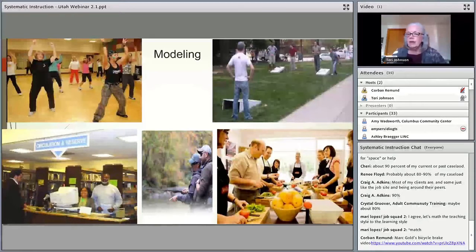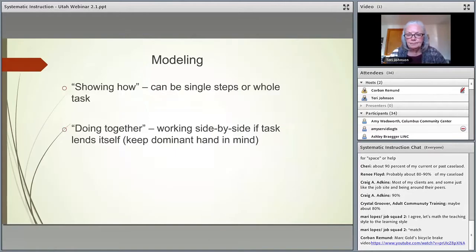Modeling is another way of getting information to someone, and that's a very common way of teaching, whether someone has an intellectual or developmental disability or not. Modeling can be showing how, either single steps or a whole task. And someone says, well, which, one or the other?